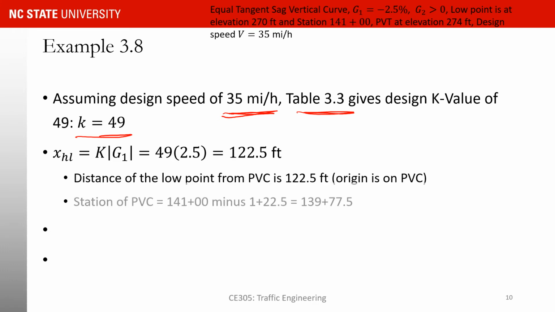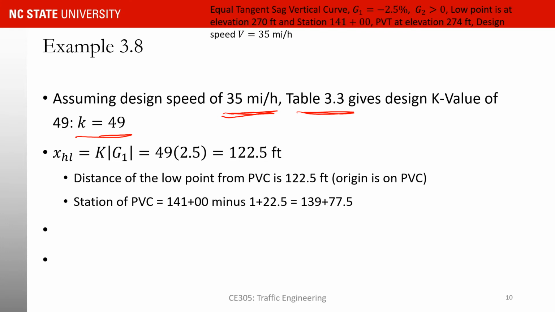122.5. So that means that the distance of the low point from PVC is 122.5 feet, or in stations it is 1 station and 22.5 feet. If you just subtract this value from the station that is given for the low point, we can find the station of PVC.